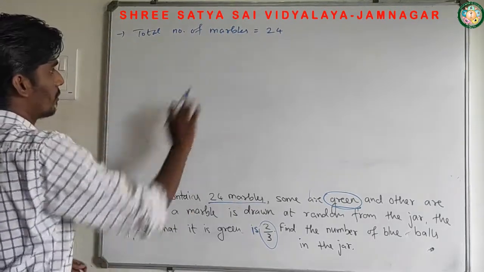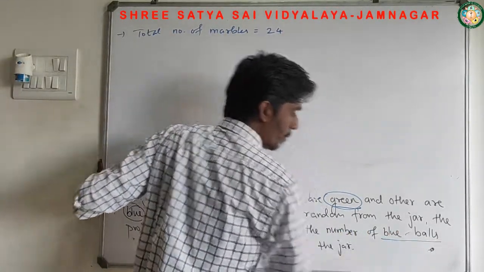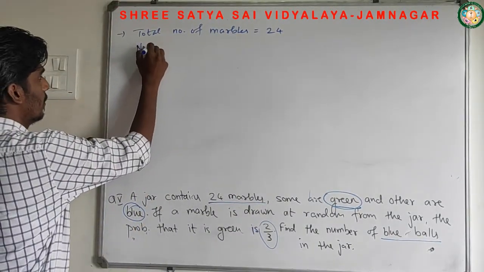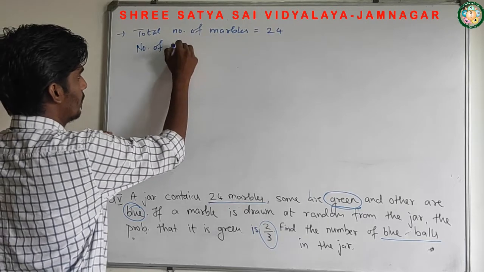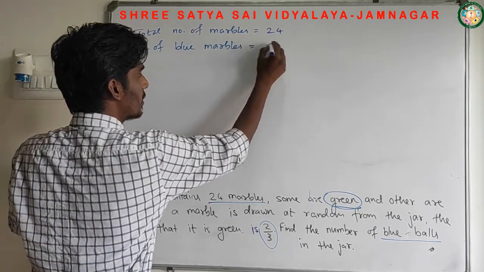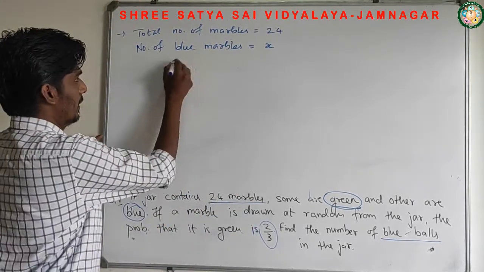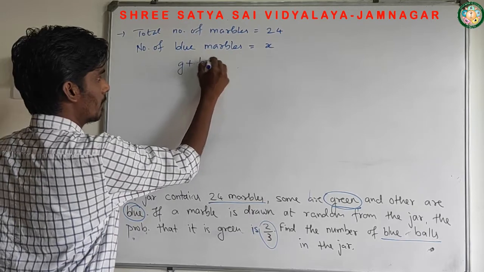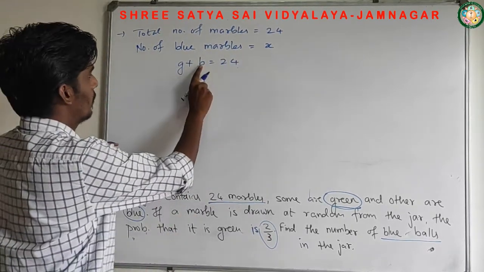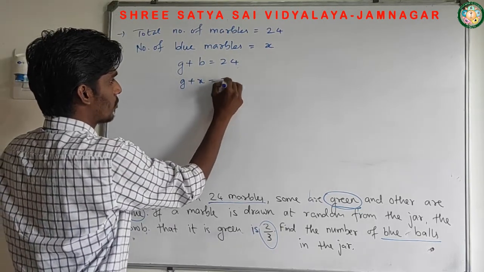So first of all, what do you have to find out here? Find the number of blue balls. So let's suppose the number of blue balls is X. Number of blue marbles is equal to X. Now we already know that green plus blue is 24. Blue marbles are X, so green plus X is 24.